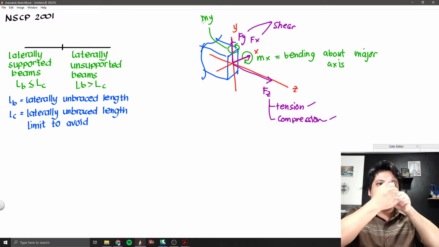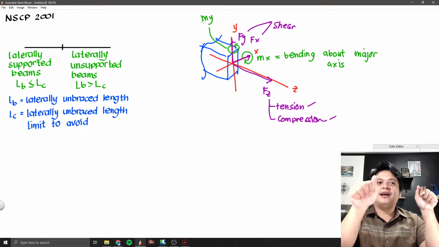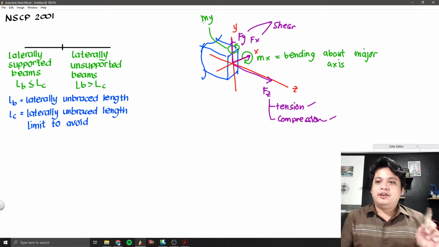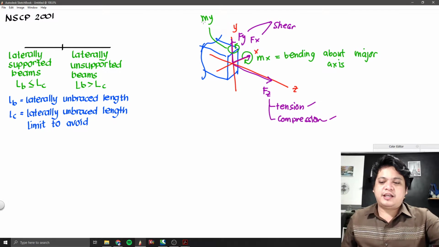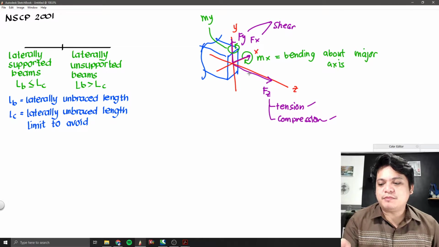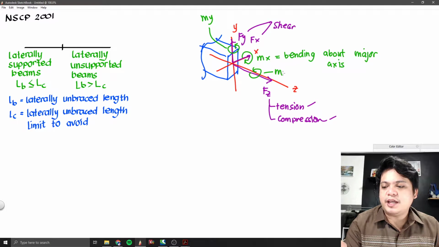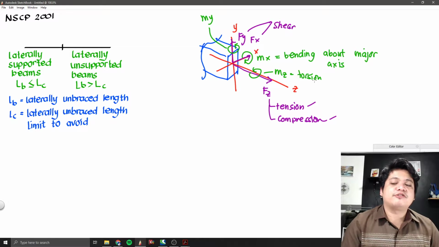Okay? Ngayon, yung pag-deflect ng lateral, okay? Pagtagilid, and that is your MY, no? Yung MZ, that is the torsion, no? Kasi papaikutin natin yung beam natin on this direction. So, this is your MZ and that is your torsion. Okay, another topic yung torsion.